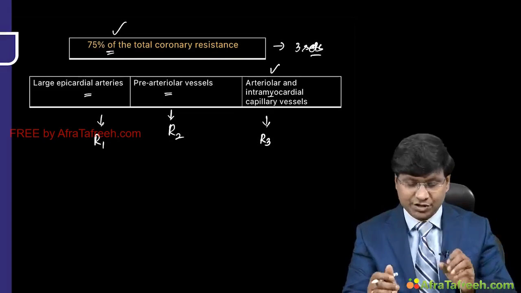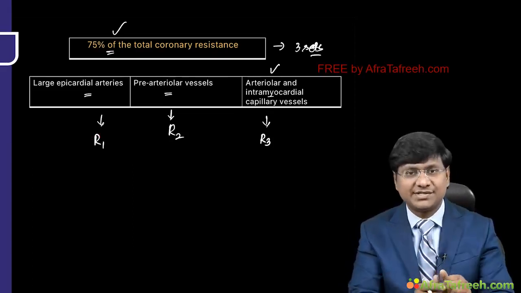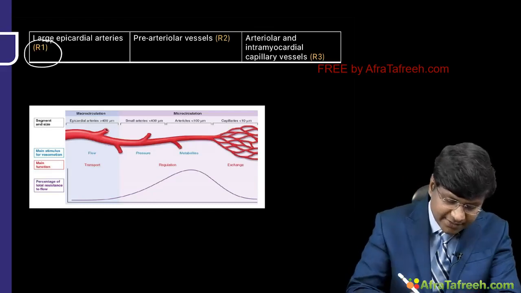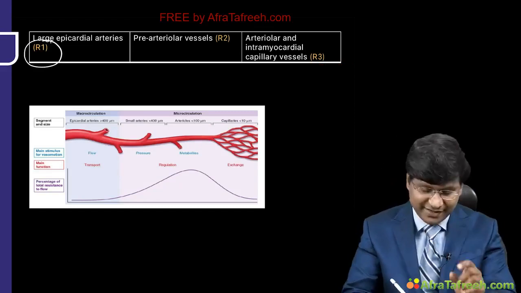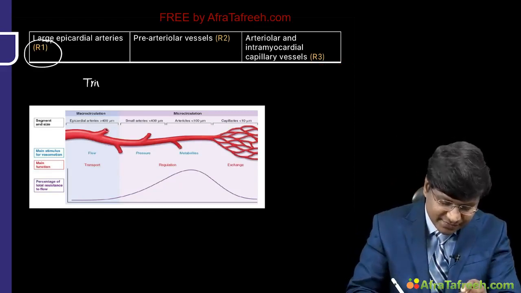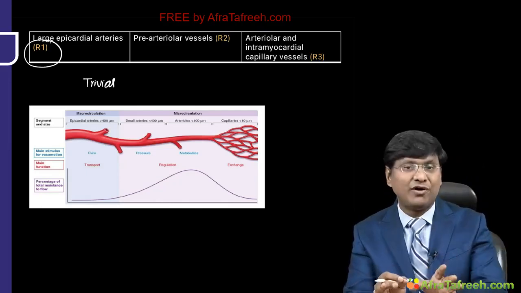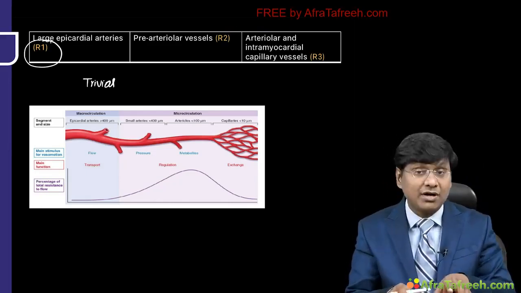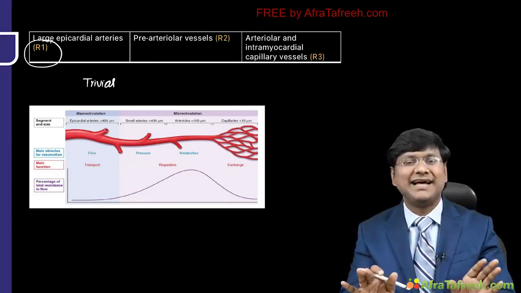Now, which will give maximum resistance, and which will give trivial resistance? The large epicardial arteries will give a trivial, minimal resistance to the flow of blood. I'm talking about the resistance in the absence of atherosclerosis.